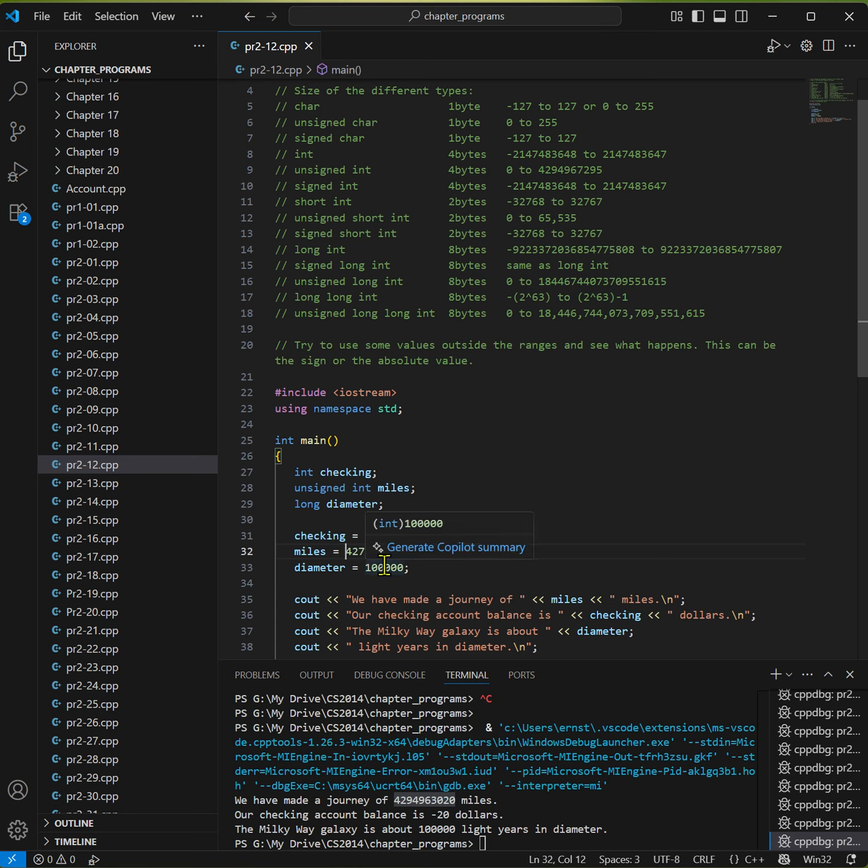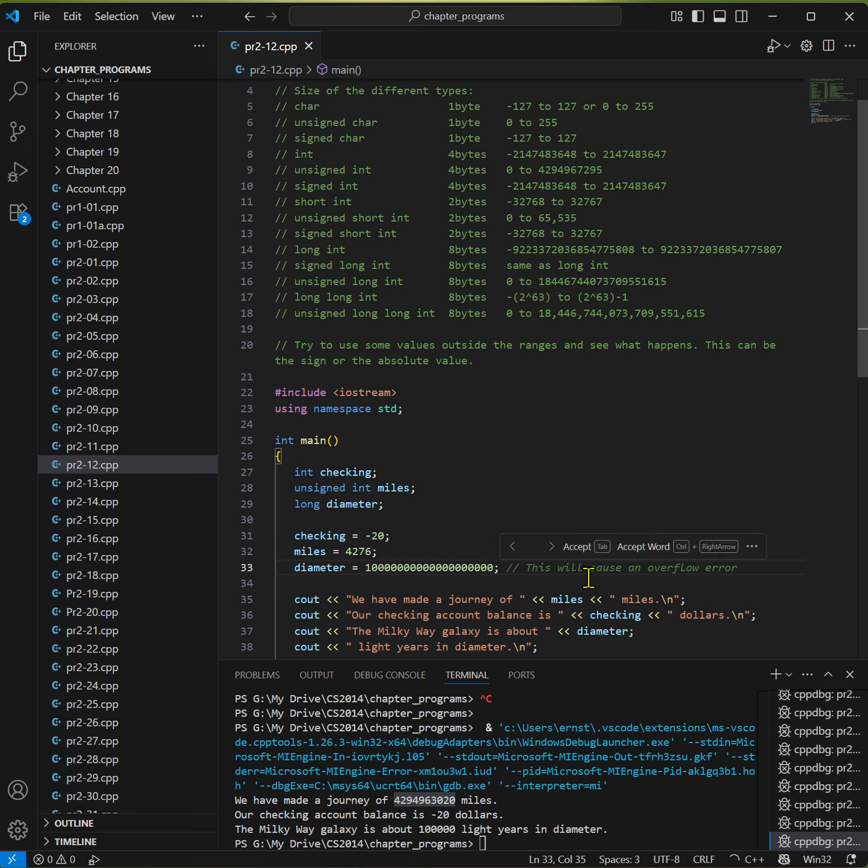And the diameter over here is a little bit more challenging because a long is such a large number already. So you see that over here we have a maximum of 9 billion. So I'm just going to do 10 billion. 1, 2, 3, 1, 2, 3, 1, 2, 3, that's 1 billion. 1, 2, 3, 1, 2, 3, 1, 2, 3.